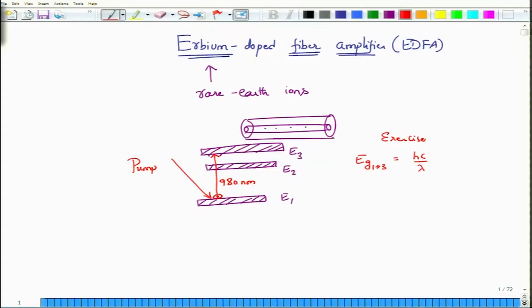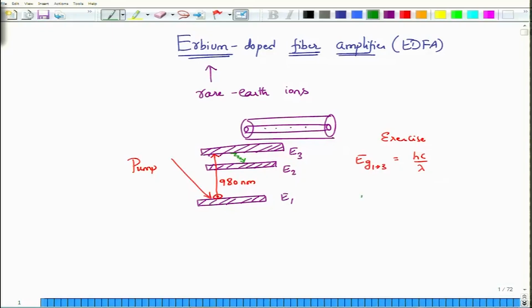Okay, so when you pump it, these atoms or ions sitting in the energy state E1 will be raised to the energy level E3 by the absorption of the pump photons, where they will quickly decay in a non-radiative manner to energy level E2. This is very crucial, and we have seen the conditions that are necessary for this.